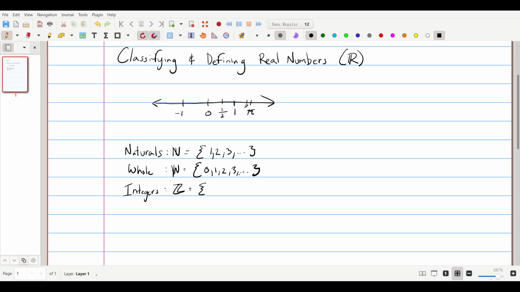And the integers are basically all the positive and negative whole numbers. So we'll have dot dot dot, right, because there's infinitely many negative numbers, but we have like -1, 0, +1, 2, right? Dot dot dot.